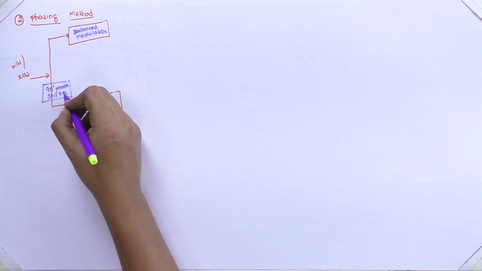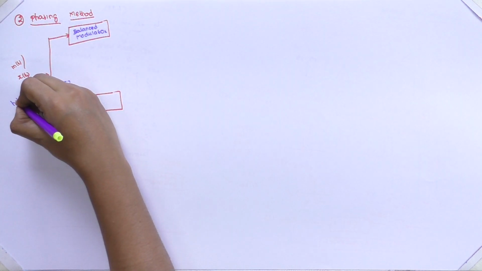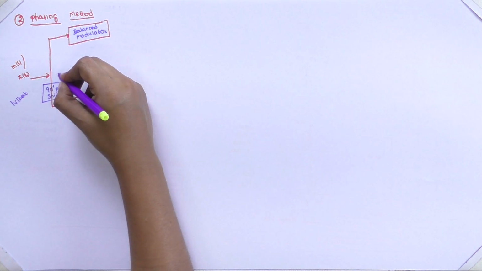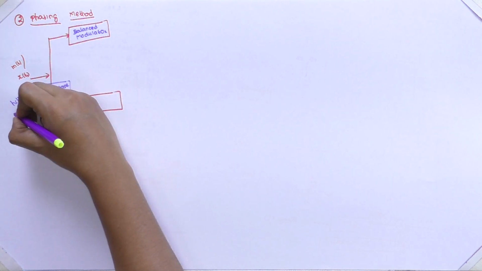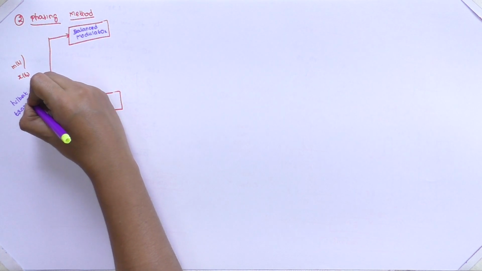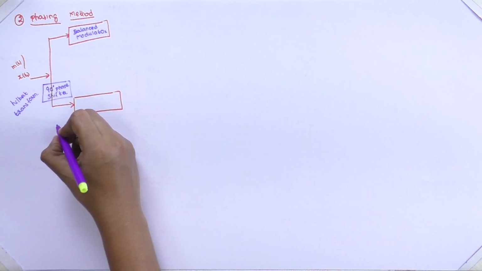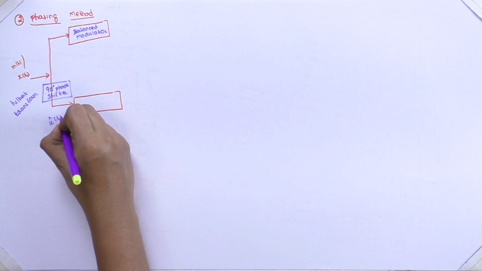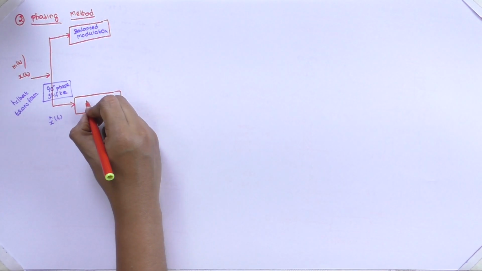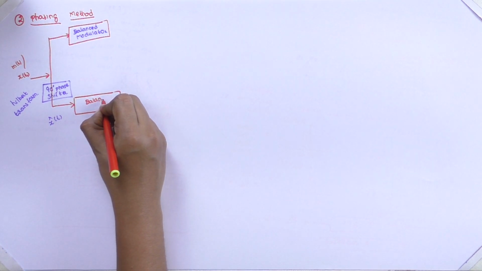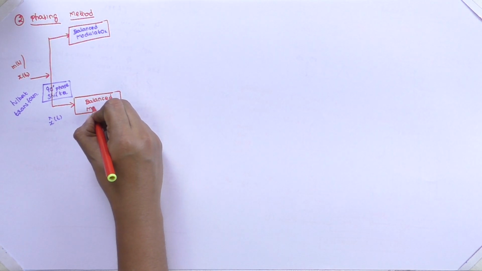So the 90-degree phase shifter represents our Hilbert transform. Just now we have seen that when we convert our time domain signal into another time domain signal using a 90-degree phase shifter, it represents our Hilbert transform. So here we will get x cap of t, the same signal in time domain with a 90-degree phase shift. We are going to apply this signal to the balanced modulator in the lower path.